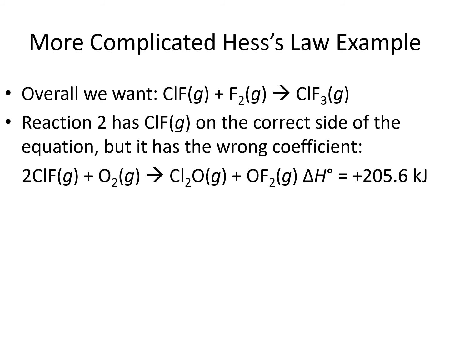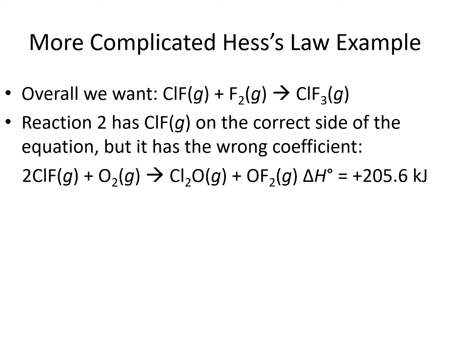It's on the left where we want it, but it has the wrong coefficient. In our stepwise equation, it has a coefficient of 2, but in our overall reaction equation that we're trying to build, it has a coefficient of 1. So they don't match, which means we're going to have to multiply or divide our equation by some number and do the same thing to our delta H.